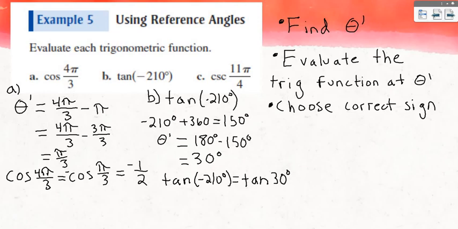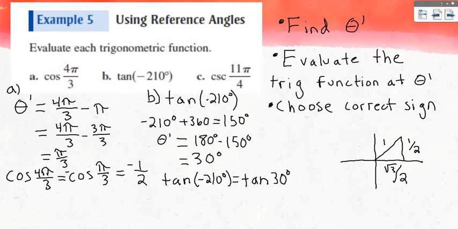Now, remember that if we were to draw a triangle, we'd be looking at a 30-degree triangle, and we know that my sine is going to be the same thing as my opposite, which is 1/2, and my cosine is going to be the same thing as my adjacent, which is the square root of 3 over 2.